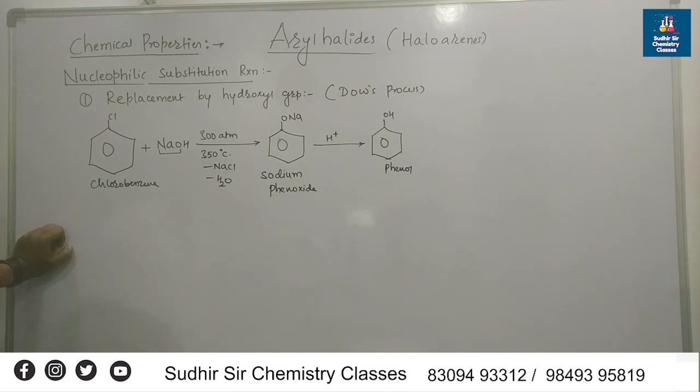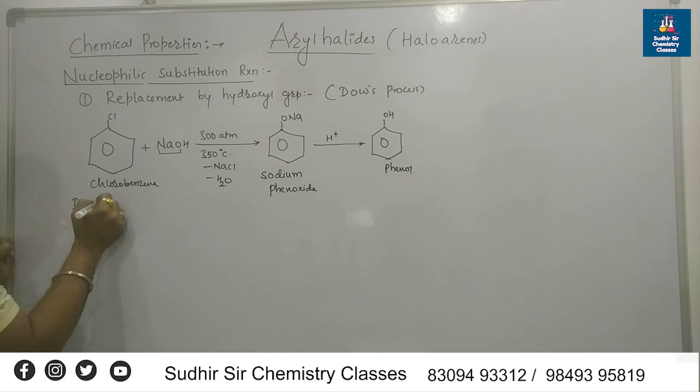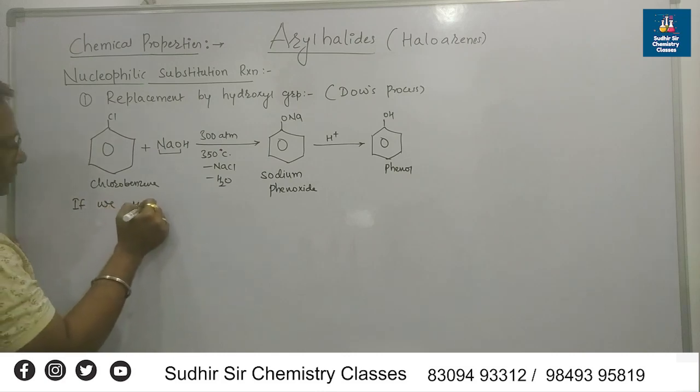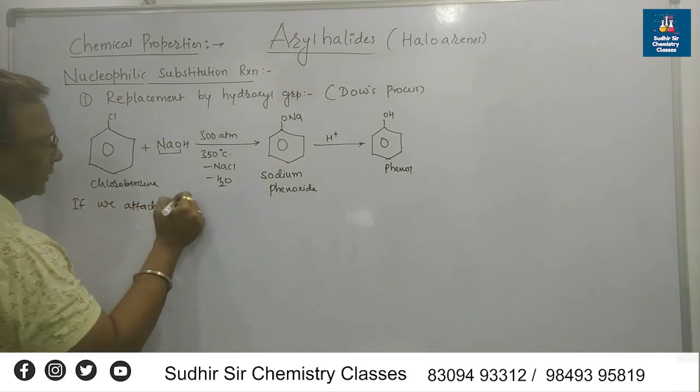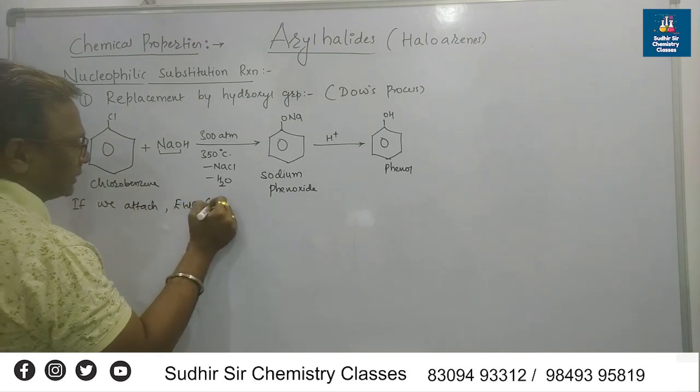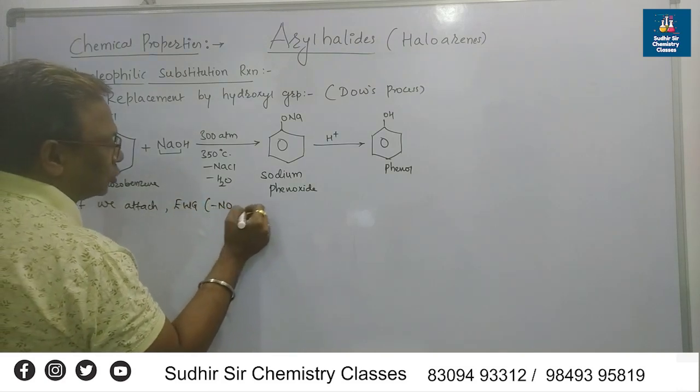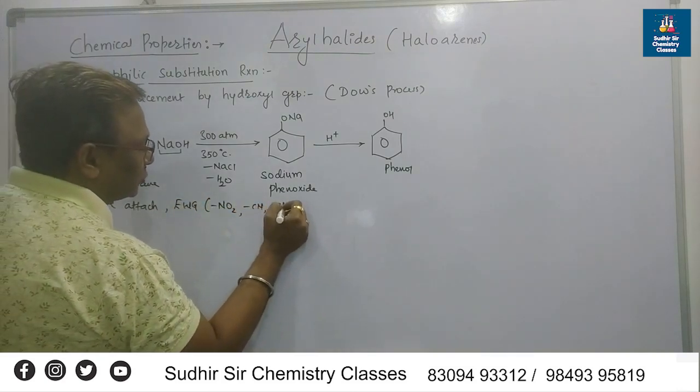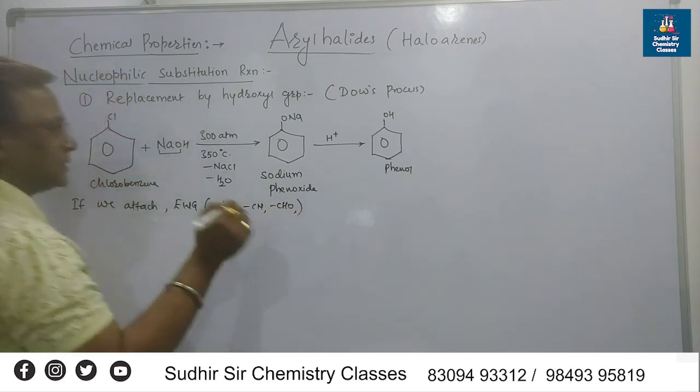But as we know, the reactivity of aryl halide toward SN reactions is very low, but we can increase its reactivity, beta. How? If we attach an electron withdrawing group. Do you know what an electron withdrawing group is? NO2 group, CN group, CHO group, or ketone group, or acid group.